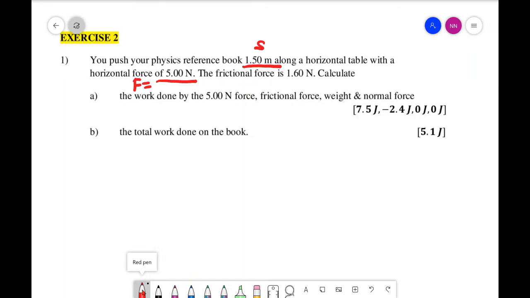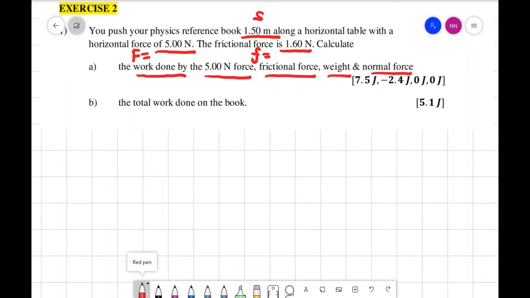And then the frictional force is 1.6 Newton. Calculate the work done by the 5 Newton force, frictional force, weight and normal force. So we have to do this one by one.